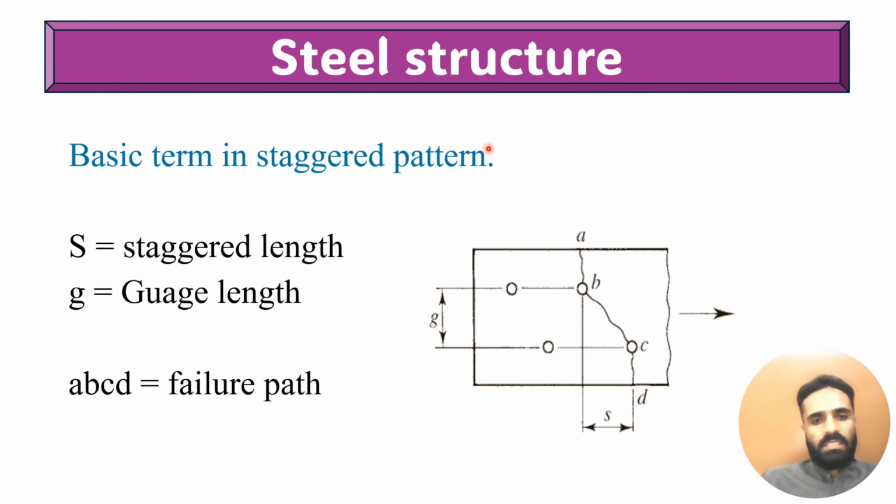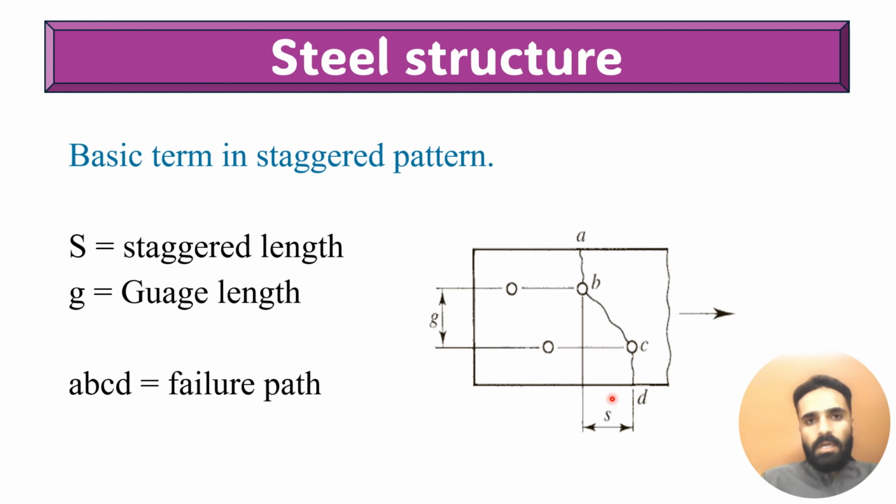The basic terms in a staggered pattern are the staggered length, the gauge length, and the failure path. When using staggered holes, we will be using another factor which is made from these two lengths, s and g. What is s?